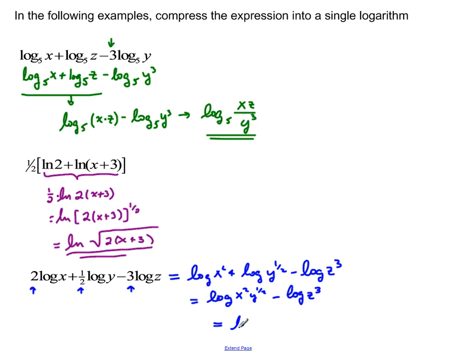And it's going to look like this: the common logarithm of the quantity x squared y to the 1/2 power, all divided by z to the third power. And that would be my simplified expression for my last example right here. All right, some more stuff to come.